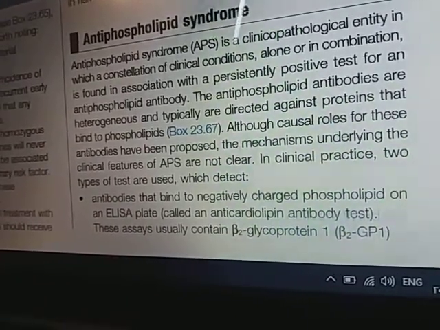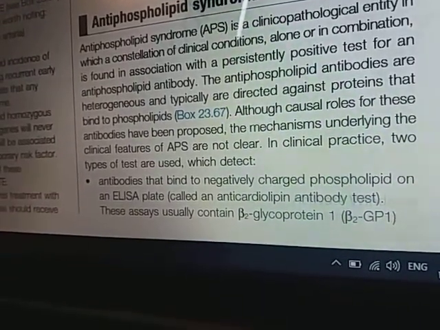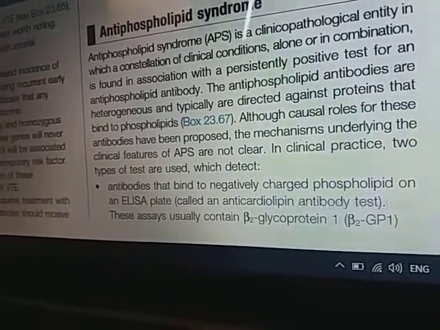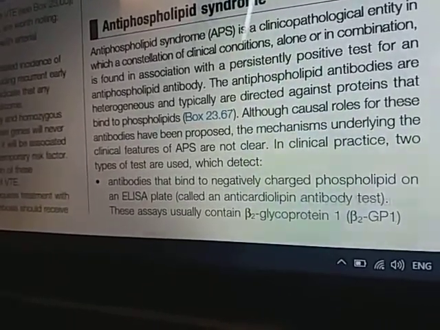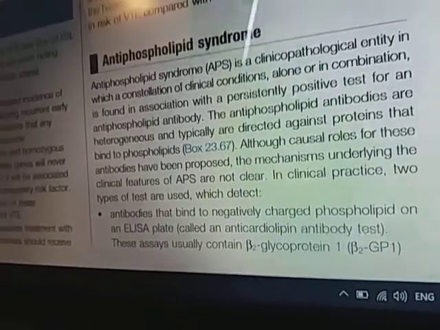The first T is thrombosis. One could have a venous DVT thrombosis or an arterial thrombosis.